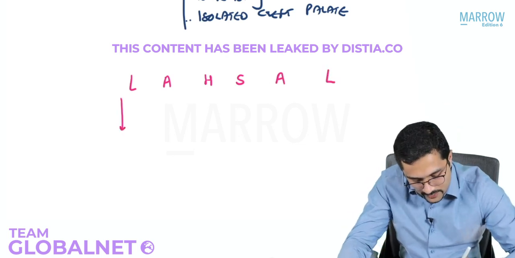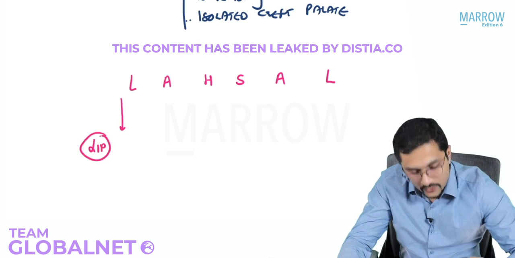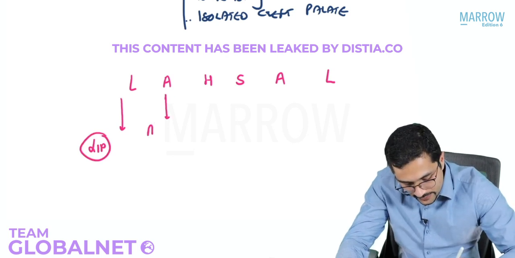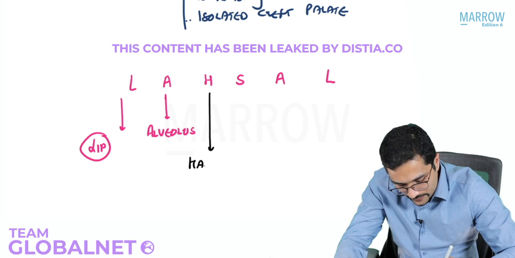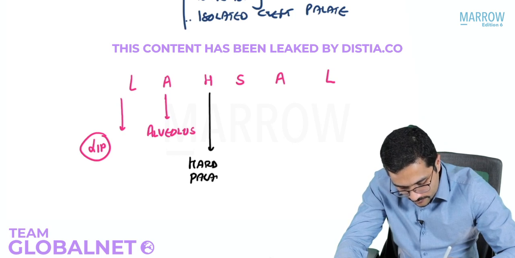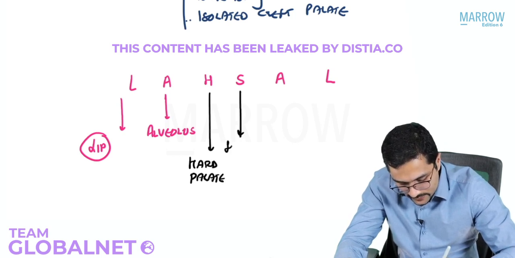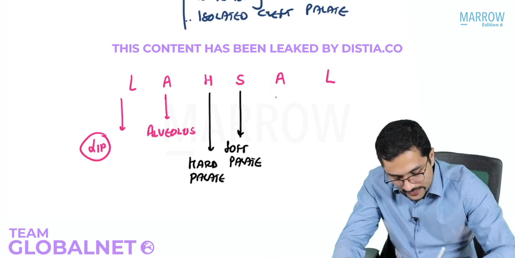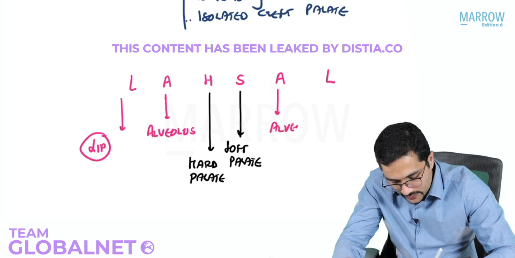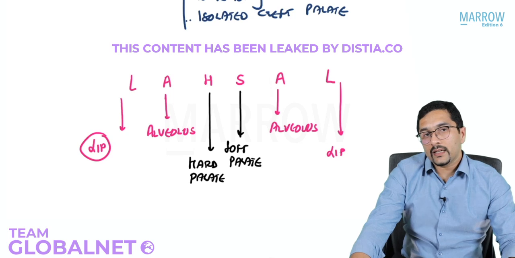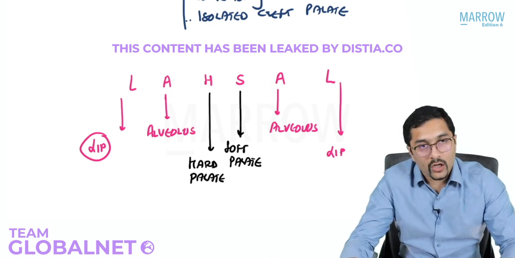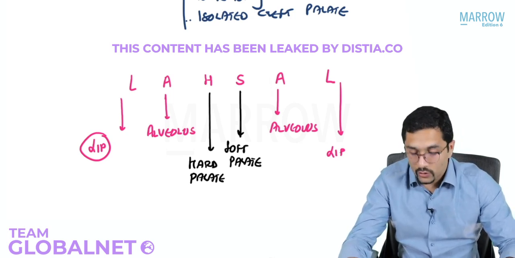The Lahasal system means L is for lip on the left side, A is for alveolus, H is for hard palate, S is for soft palate, which is common for both. Again, A is for alveolus on the other side and L is for the lip on the other side. So this is the Lahasal system to document cleft lips and cleft palates, which you should know about.